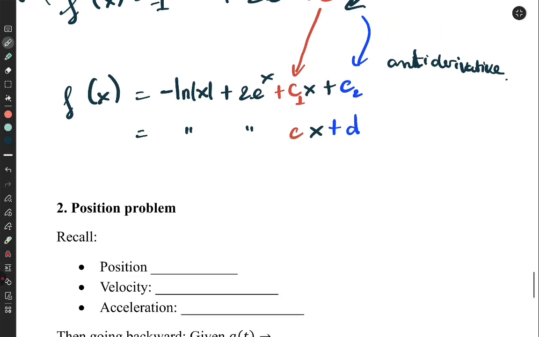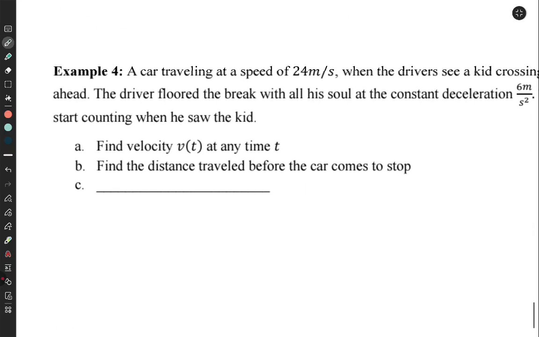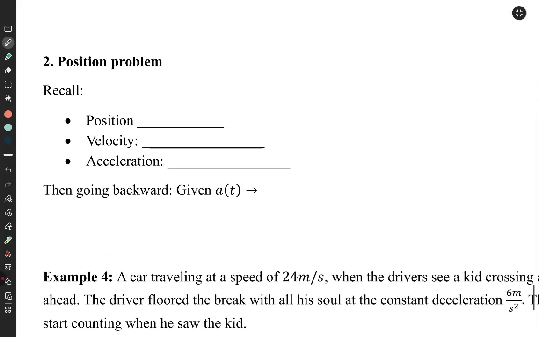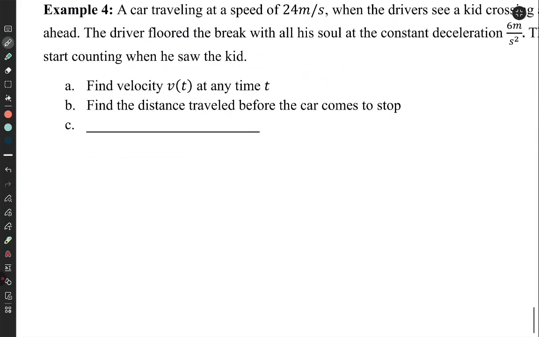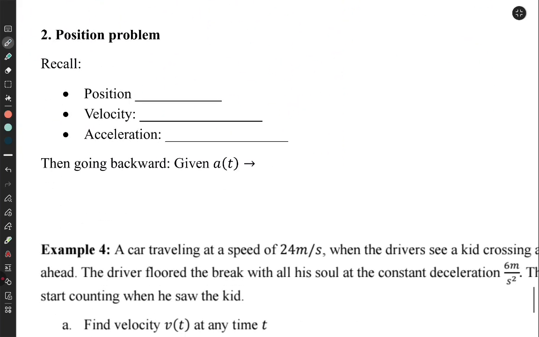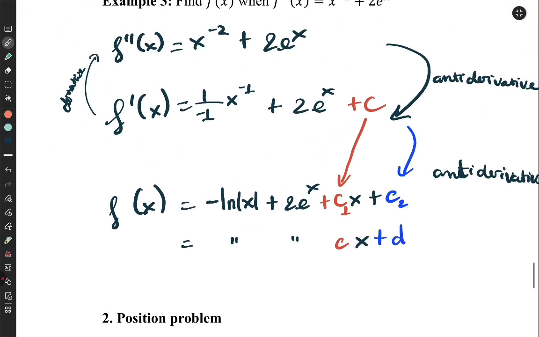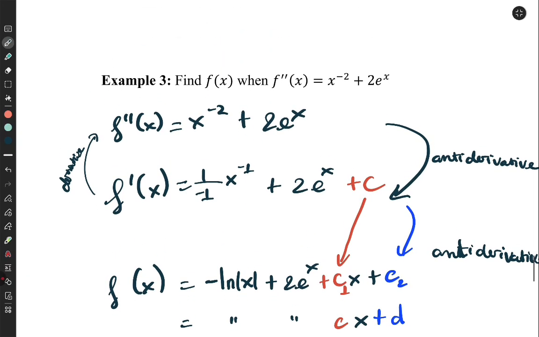Okay, I'm going to scroll up a little bit. One more example. We can still go with this example, and then have a break. They are very similar. We're going to do something similar to this, but with wording.